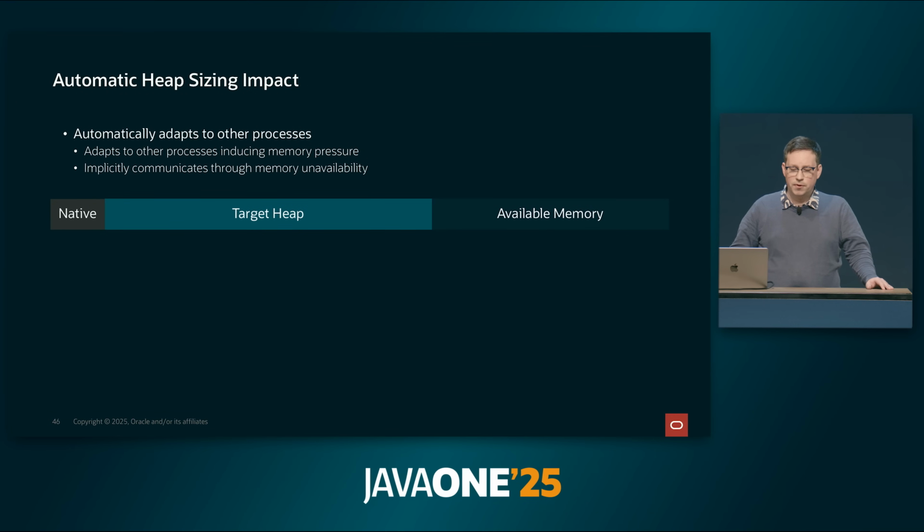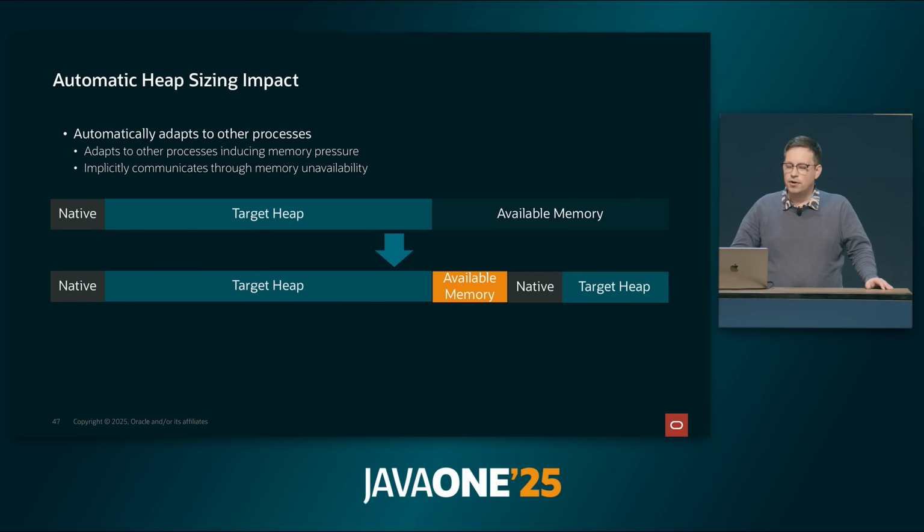On a related note, this also affects how the JVM interacts with other processes. If you have a JVM running, you have some target heap size, and we converge at a point that's nice, but then someone starts running another JVM, for example. What will happen is that the memory availability drops, and again, this works a little bit as a spring, and it starts pushing both of these two heaps.